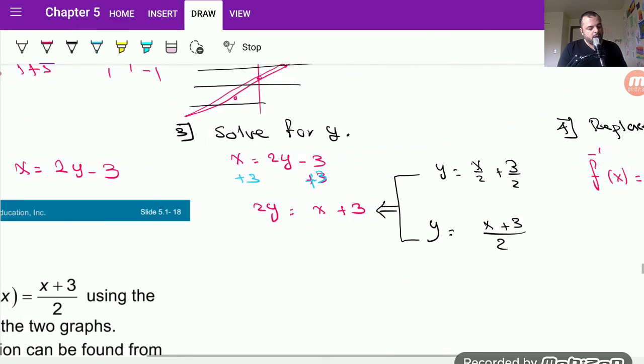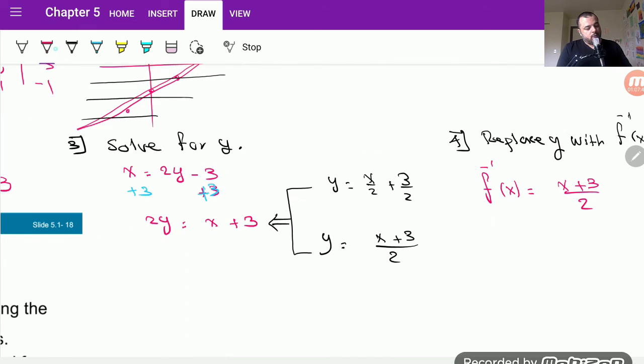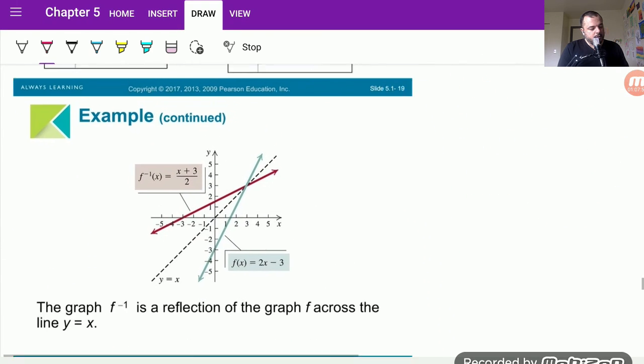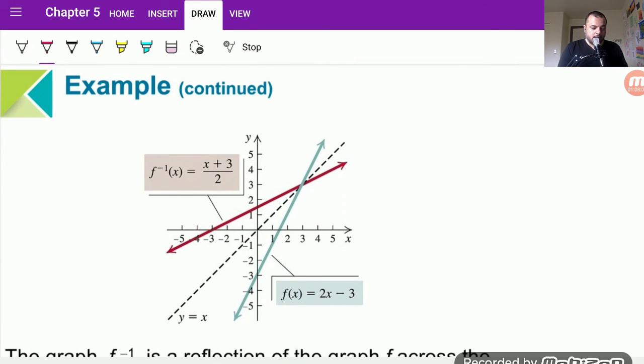If you graph y equals (x plus 3) over 2 and the original function, you're going to find that these two graphs are reflections of each other across y equals x. So these are two lines, and these are reflections of each other across y equals x, correct? The first one is the function, the other one is the inverse of that function.